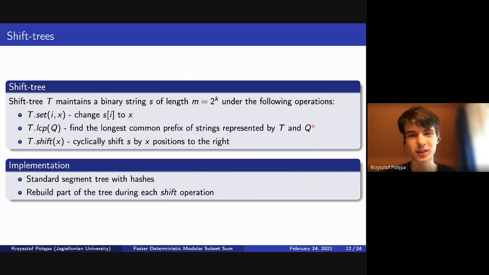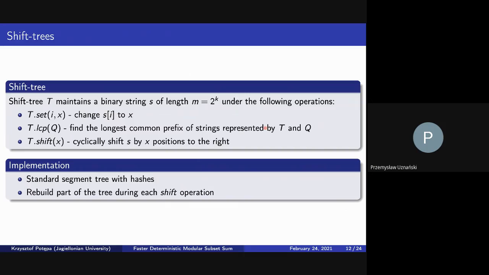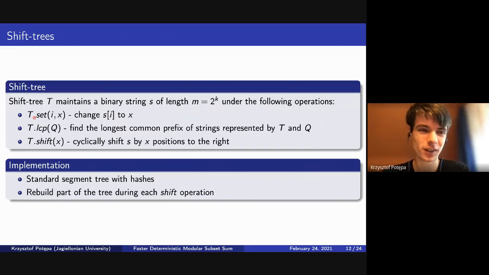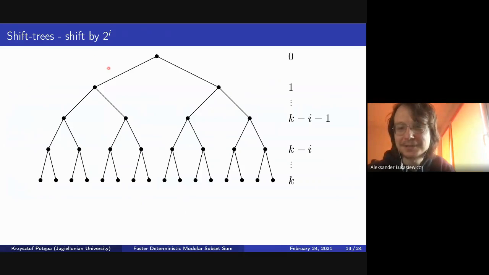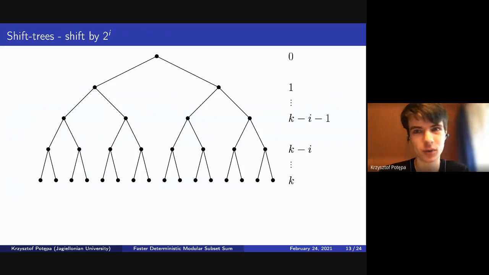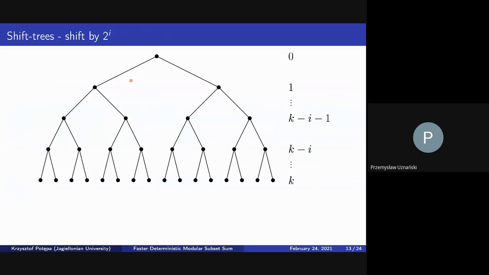I'll show it on the next slide. Set and LCP will work in log n time. Shift, we'll see. So I bet on amortized constant or something like this. We will see in a second.